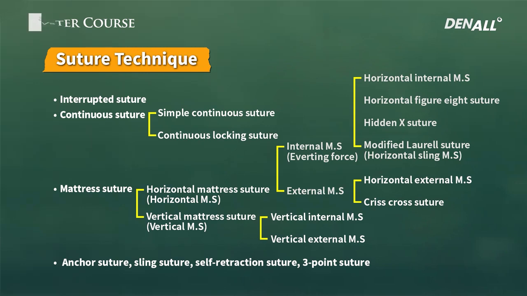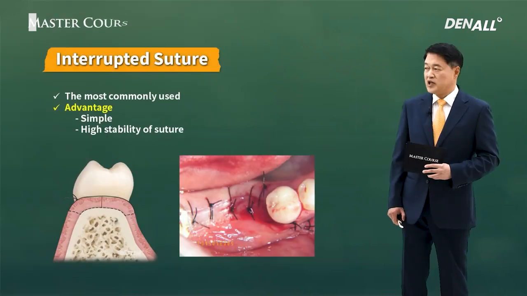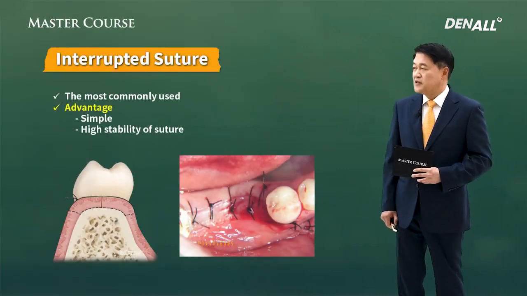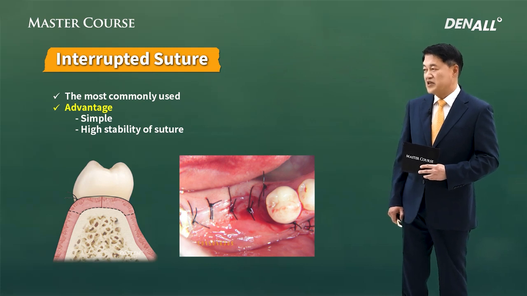Next, let me talk about suture technique. First is interrupted suture and continuous suture. Interrupted suture is the most commonly used suture method, and it's the most simple and very stable suture.